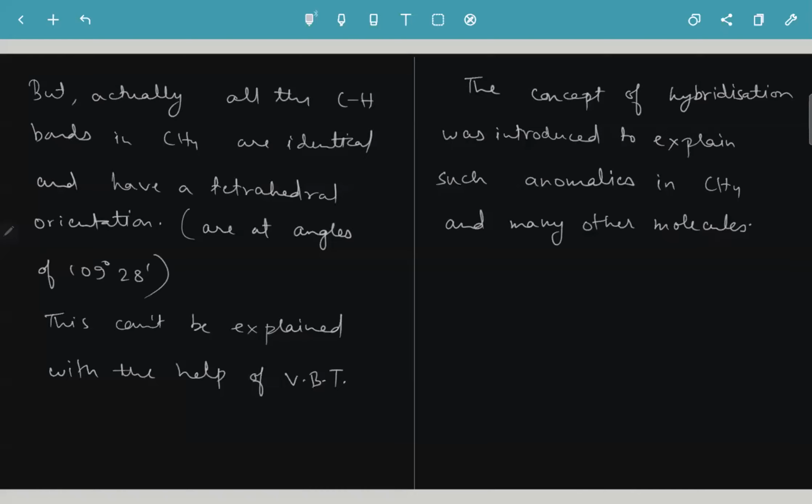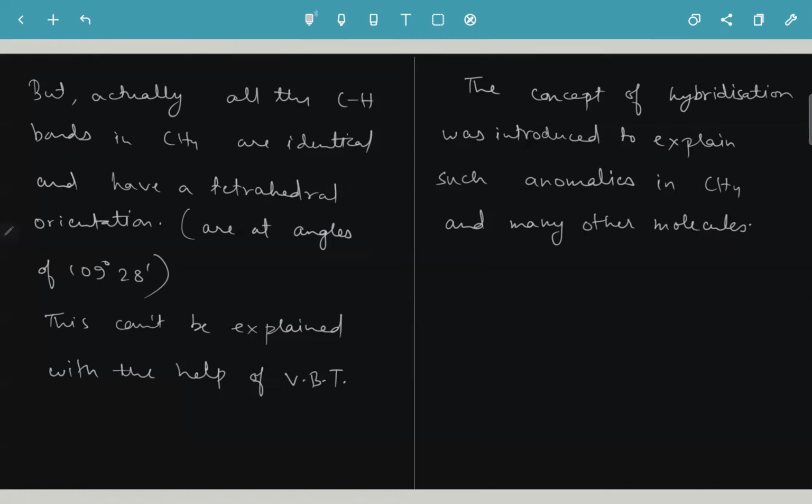Thus, the results obtained from valence bond theory have anomalies. VBT results in some anomalous nature in the CH4 molecule. These anomalies mean different from the expected behavior. So VBT gives one result and experimentally something else comes. So VBT cannot explain the complete structure of the CH4 molecule.